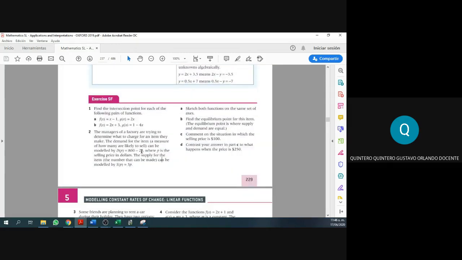Right? Because again, our P is X. Our P is our value X. And P is the selling price in dollars. That's what it says here. Selling price is in dollars. So the equilibrium will be met when the price of the item is exactly $160. Okay?